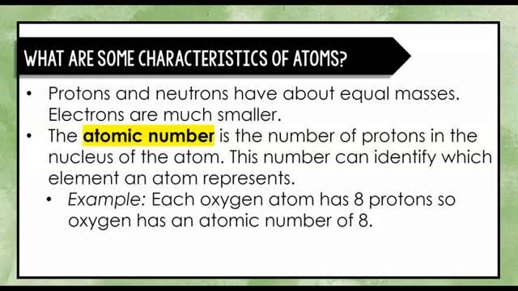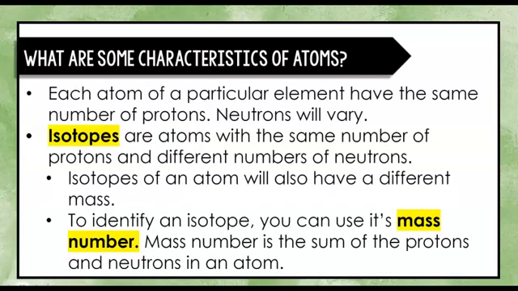This number can identify which element an atom represents. It's like the atom's fingerprint. For example, each oxygen atom will have 8 protons, so oxygen has an atomic number of 8. Remember, every atom of a particular element will have the same number of protons. The number of neutrons, however, can vary.